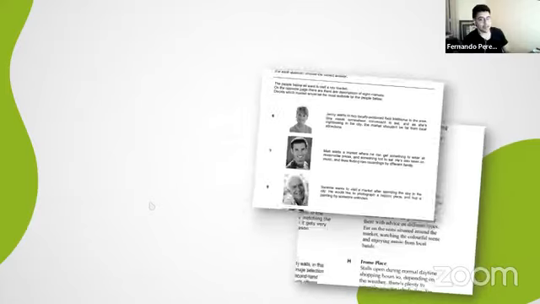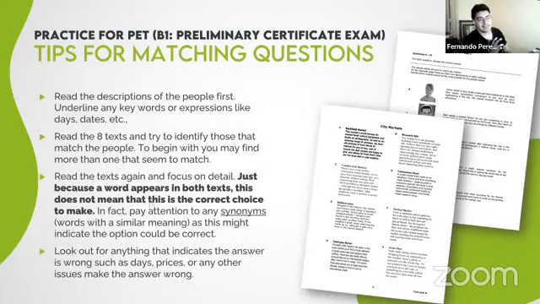You need to be careful with words that are similar but don't necessarily match the context. Pay attention to synonyms, as they might indicate the option could be correct. And finally, look out for anything that indicates the answer is wrong. Contradicting information, right? Alexia wanted to go inside, and the market was outside. That was the help that we had.